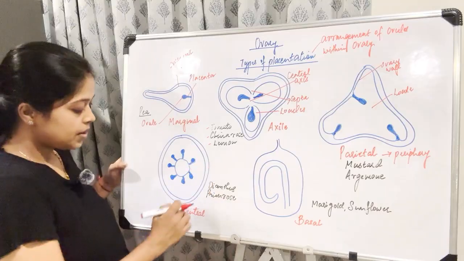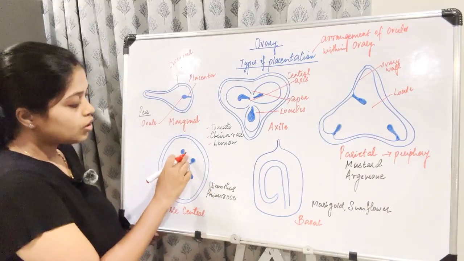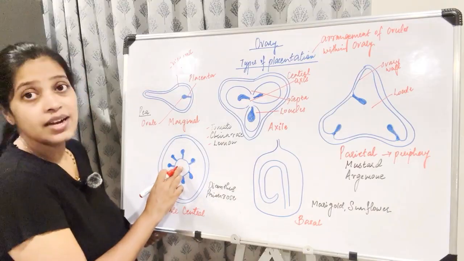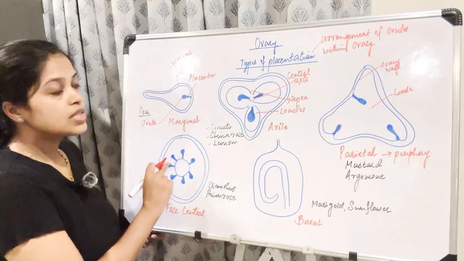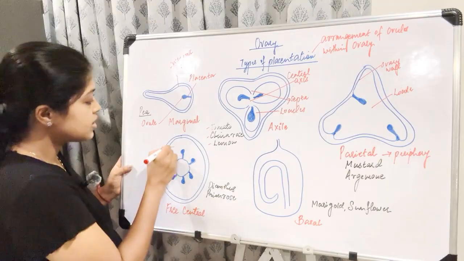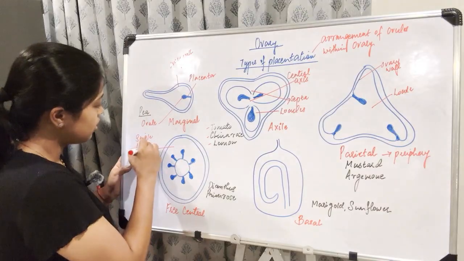Then we have another placentation called free central. Here the ovules are present again at the central axis, but since no septa has been created, there is again a single locule.